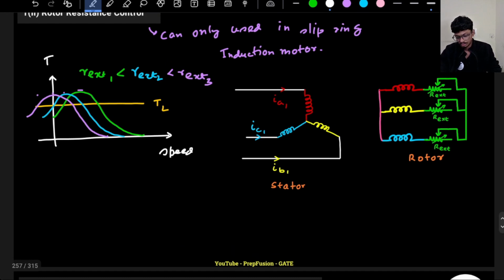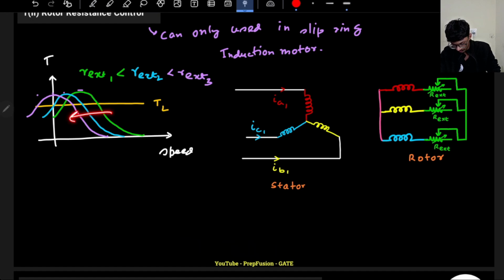So if I keep on increasing my rotor resistance, then the graph will shift backwards. So the balance point, the stability point, also will shift, right? Initially this was a stable point, now this is a stable point, now this is a stable point. So speed will reduce.